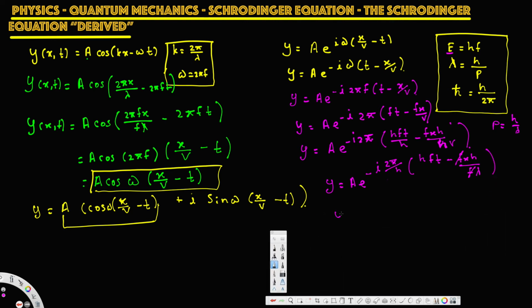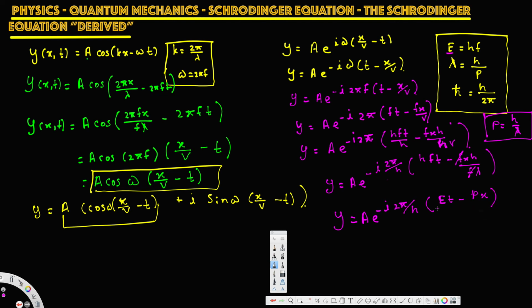Now let's write this with these equations: A e to the power negative i 2 pi over h, h f is E, so this is going to be E t minus h over lambda. h over lambda is equal to p, so this is going to be p x, right?